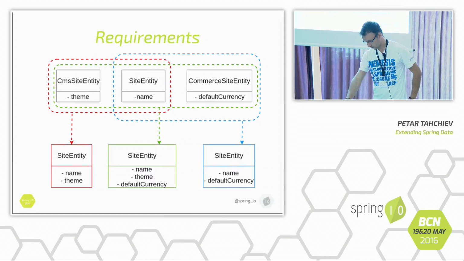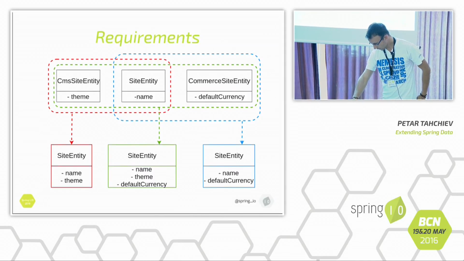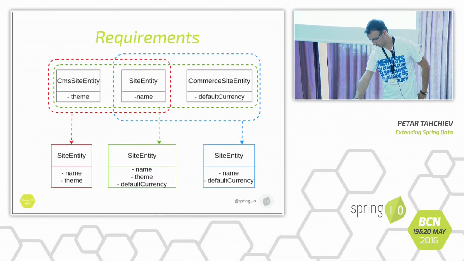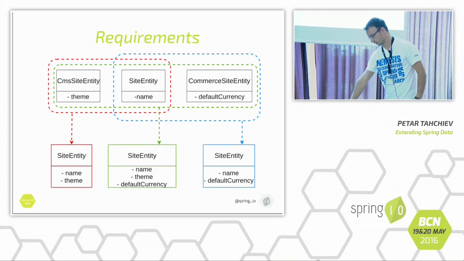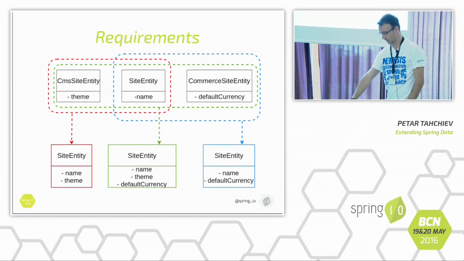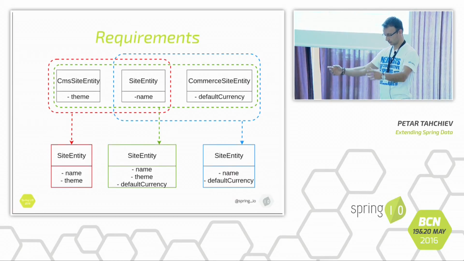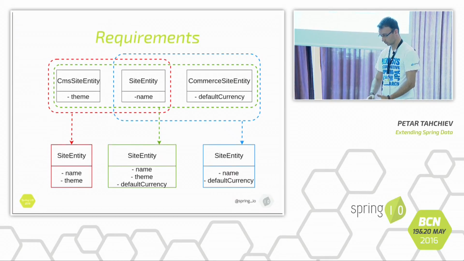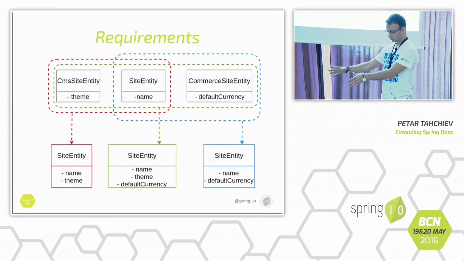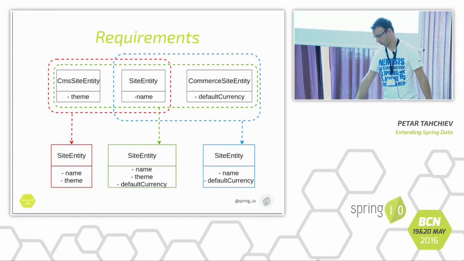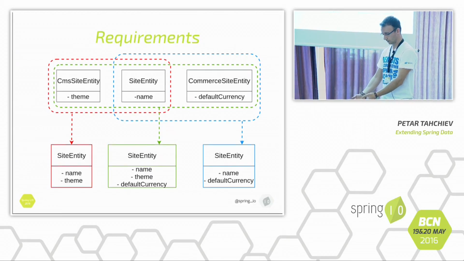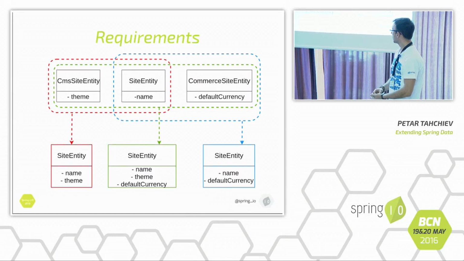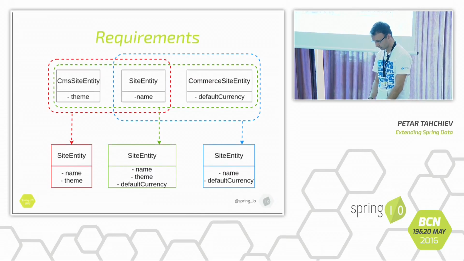In this case, if they select the CMS and the core, which is the red box, what will be generated is the red site entity, which only has a name and a theme, because these two properties come from those two modules. But if they go for the blue modules, core and commerce, and put them on the classpath, what they will have is a name and a default currency. This was the primary requirement that we wanted to have.